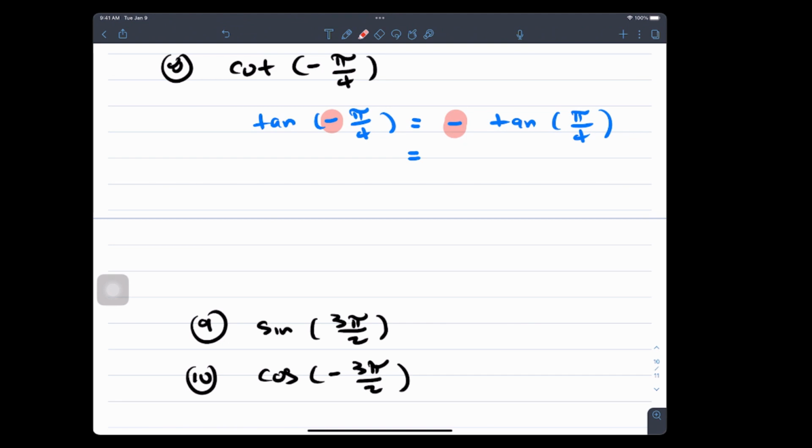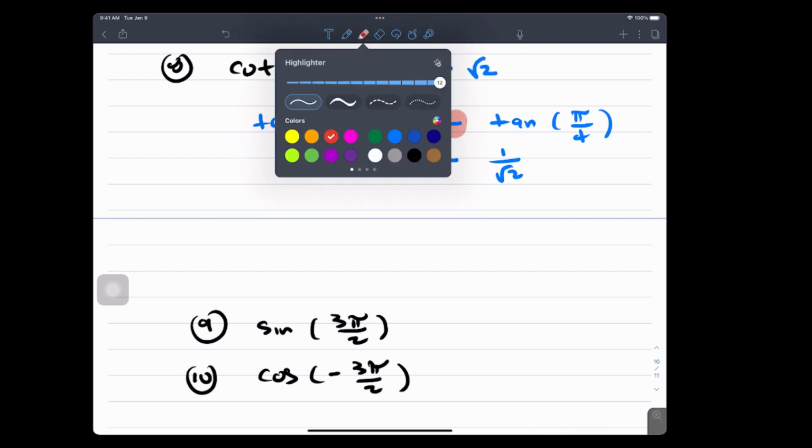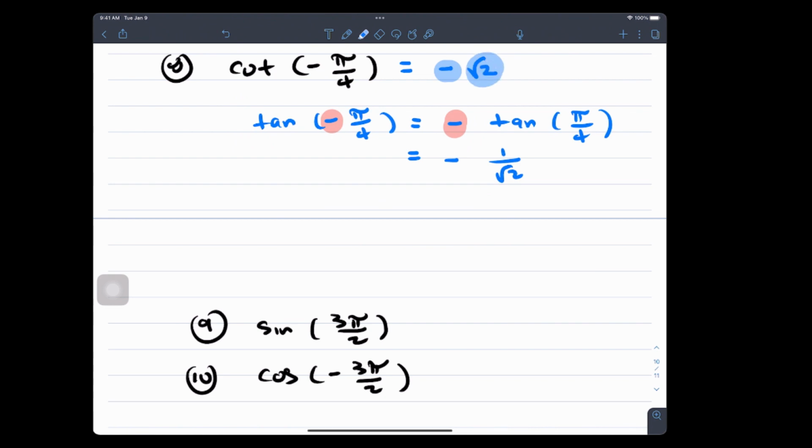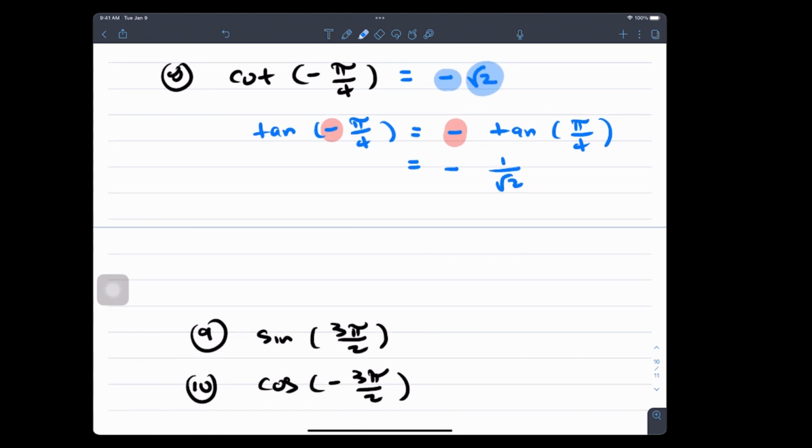Now, what's tangent of 45 degrees? Isn't that 1 over the square root of 2? So there we go. Well, I'm going to leave it this way. Why am I not going to rationalize the denominator? Yeah, I need cotangent. So that's going to be negative what? Square root of 2. There you go. So that one's pretty simple, because I need the reciprocal of that. And there it is, ladies and gentlemen.